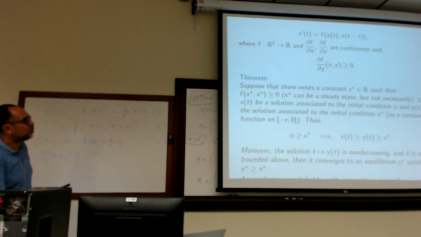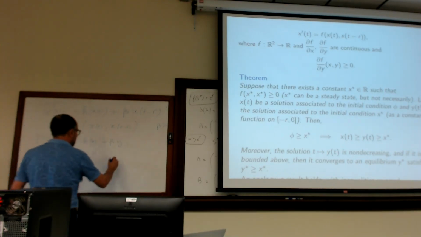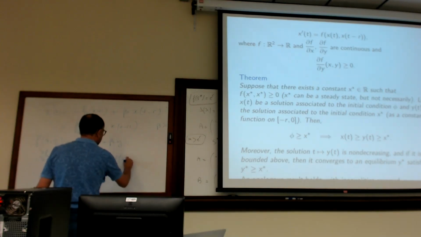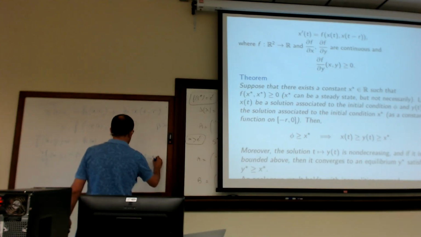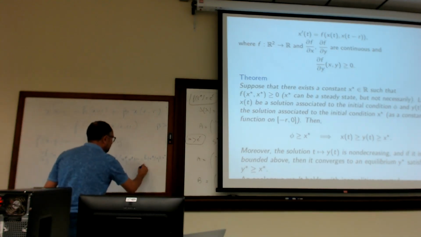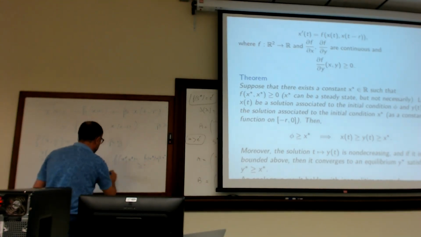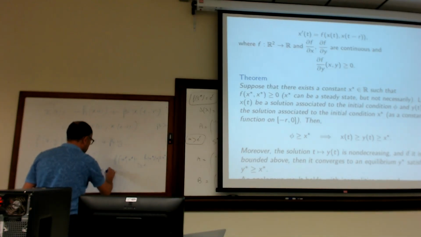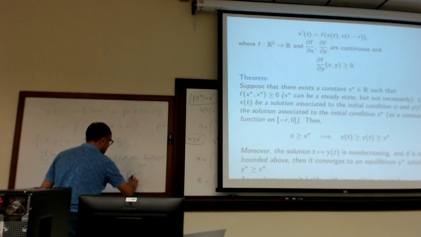And now, how to satisfy this? If I calculate f of x star, it's minus h of x star plus beta x star, because look, this function has to be positive or equal to 0. That means h of x star has to be less than beta x star.